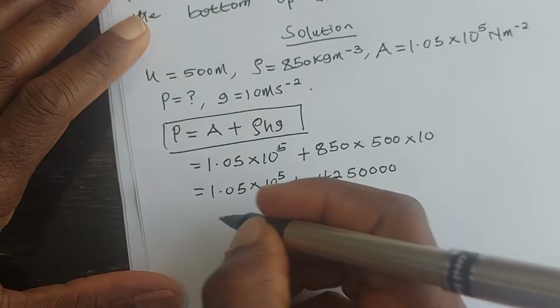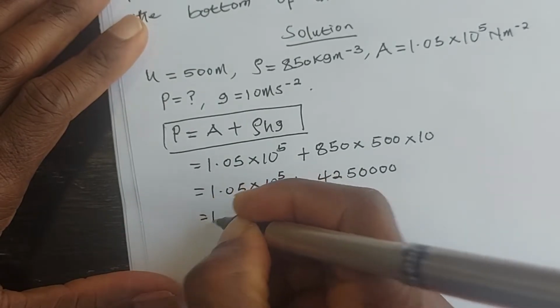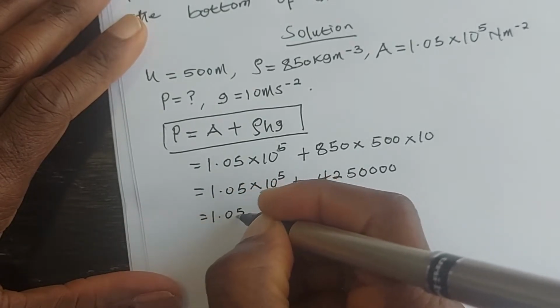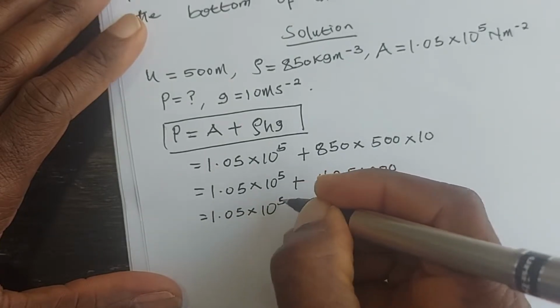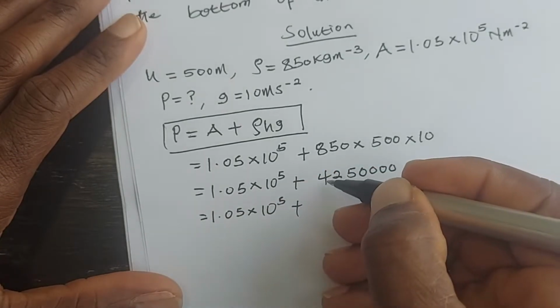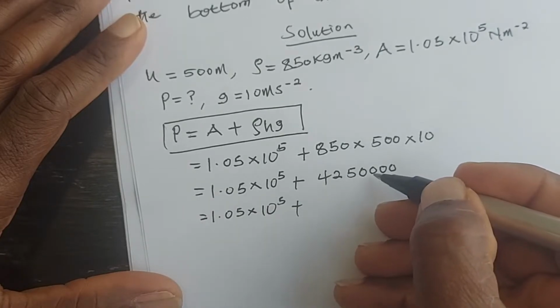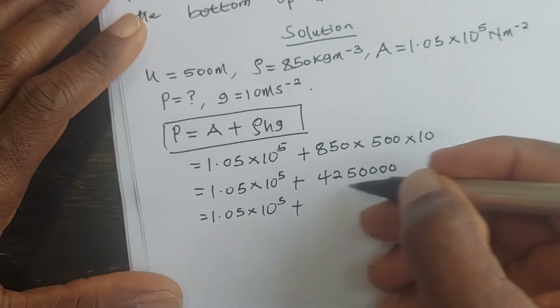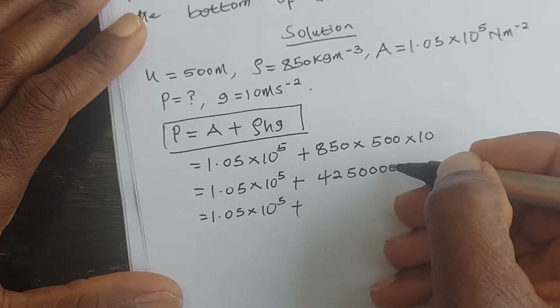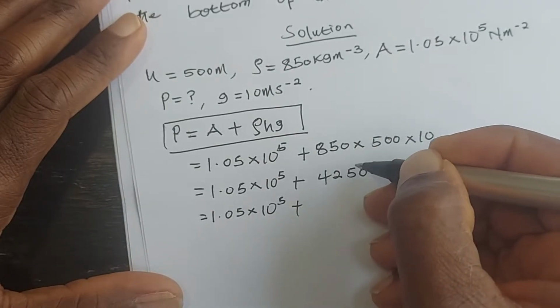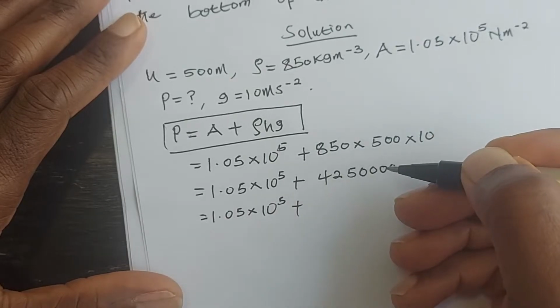So we have 1.05 multiplied by 10 raised to the power 5 plus, now we have 4250000. Now, if I turn this one to standard form too, I can count 1, 2, 3, 4, 5, 6.